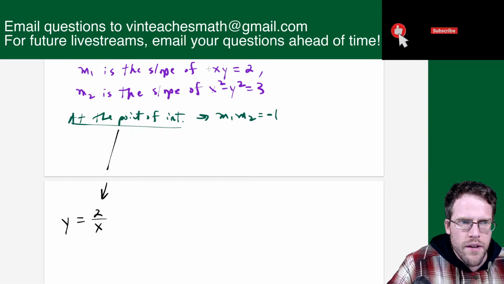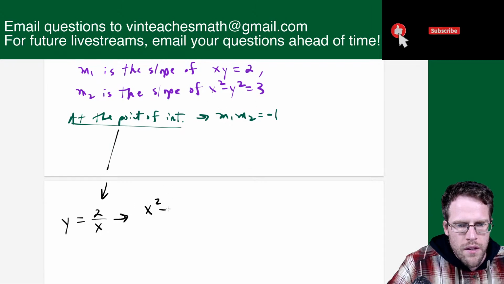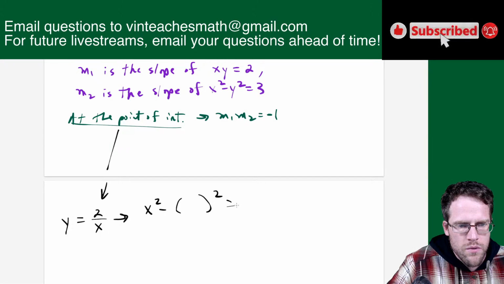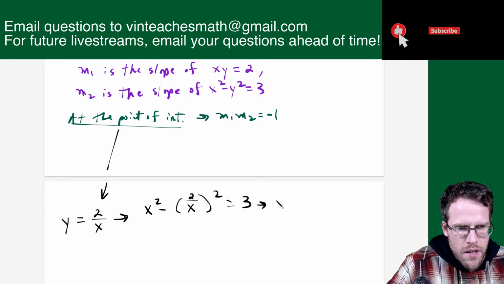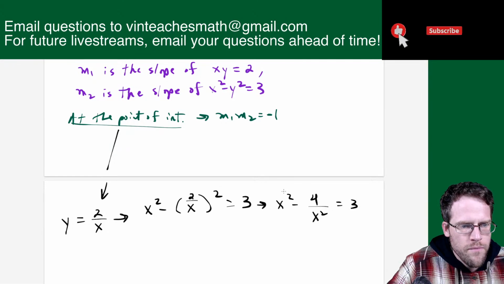You solve that for y, divide both sides by x, and then you plug in to the second equation. So this is solving a system. X squared minus y squared equals 3, but instead of y squared, you're going to have 2 over x being squared. So that's going to make x squared minus 4 over x squared equals 3.